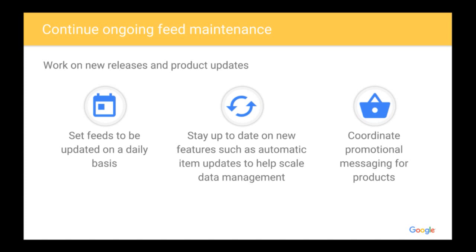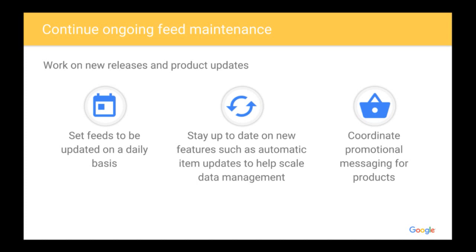All right, so there are a few other guidelines to remember when working with clients and their feeds. It's important to always remember that once you finish creating a cadence for your feed, you have continuous maintenance and make sure it always stays complete. That's setting feeds to be updated on a daily basis to make sure that what you have in the feed actually matches what you'll display on your website.